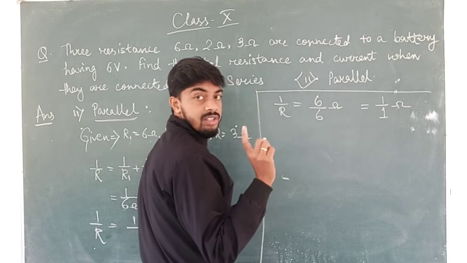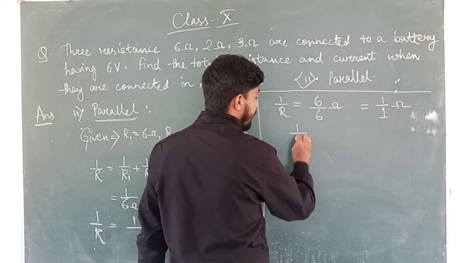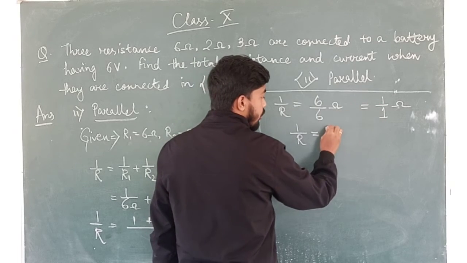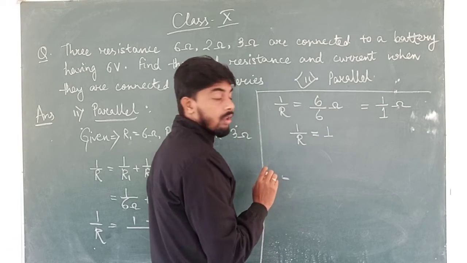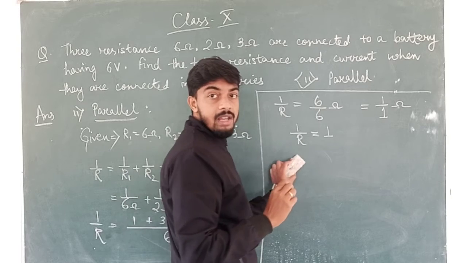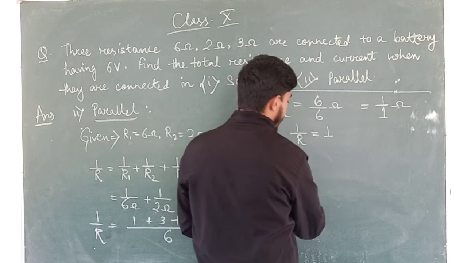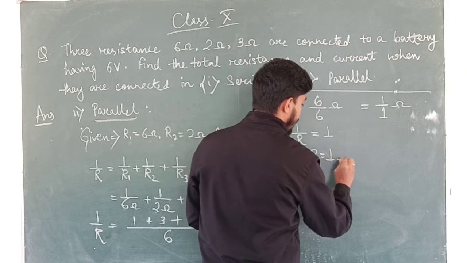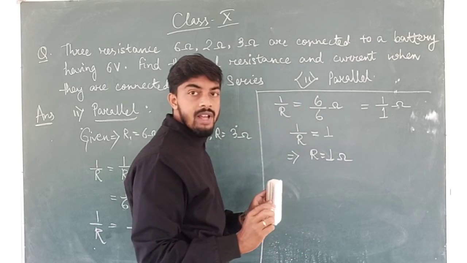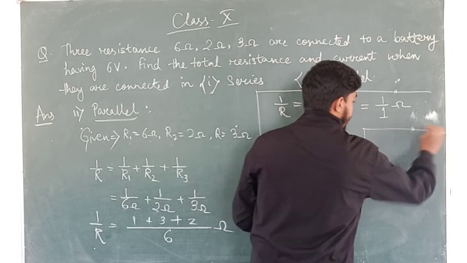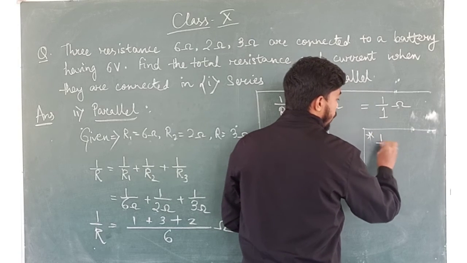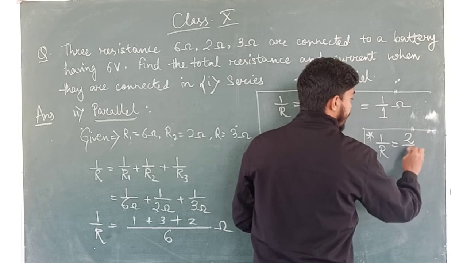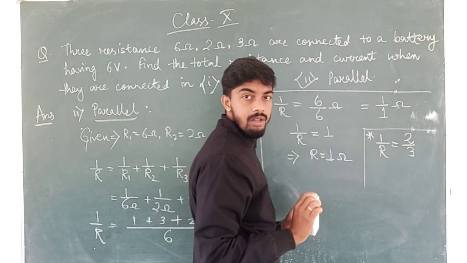Now just remember one thing. Here we have the value equal to 1 by R. So here I am getting 1, so that is okay, the total resistance will be R equal to 1 ohm. But sometimes what happens, 1 by R can come like 2 by 3, for example.